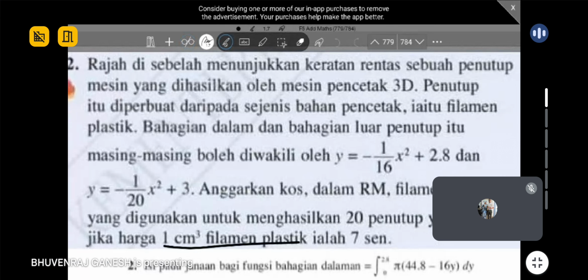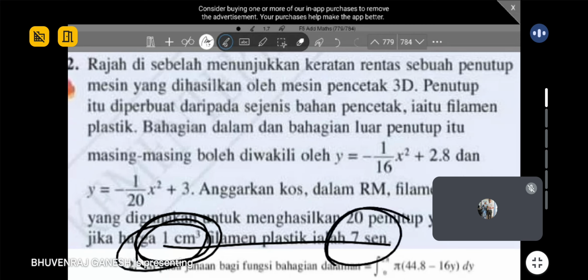If you see over here, 1 cm cube, 7 cent. So that means we must find the volume, am I right? Kita kena cari isi padu. Because only when you have the volume will you know the price. If you find area, you cannot find the correct answer. So you must find the volume.